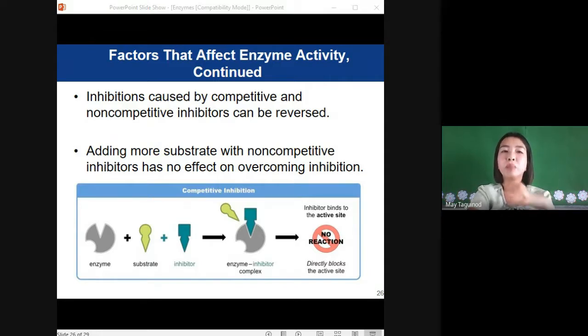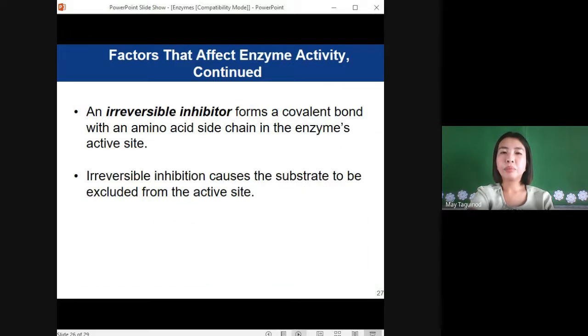Adding more substrate with non-competitive inhibitors has no effect on overcoming inhibition. Reversing a non-competitive inhibitor requires a special chemical reagent to remove the inhibitor and restore catalytic activity.